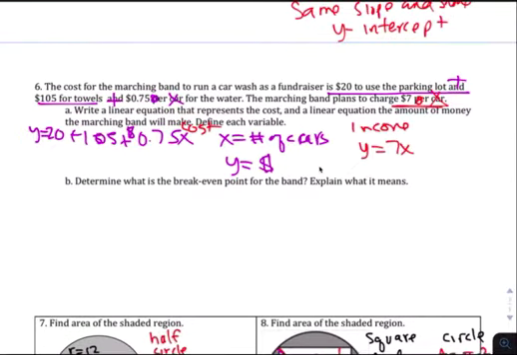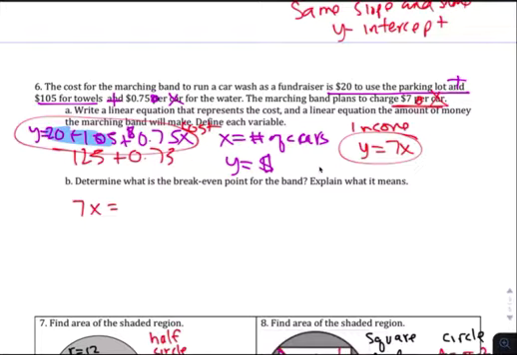Break-even point, you need to use substitution because they're both in slope-intercept form. So 7x equals... I would combine these ahead of time to make 125 plus 0.75x.